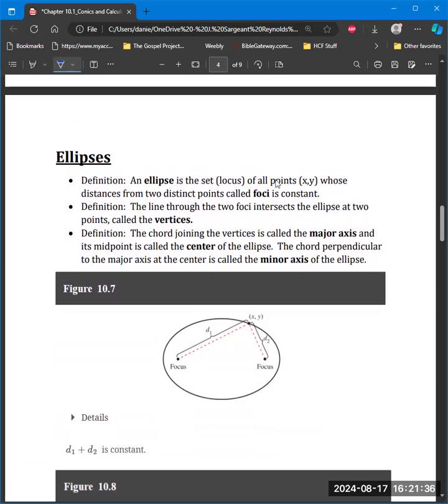Before we move on to ellipses though, let's just briefly recall circles in the form of (x minus h) squared plus (y minus k) squared equals r squared, and you had a center at h, k and a radius of r.